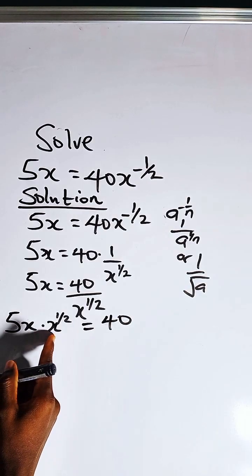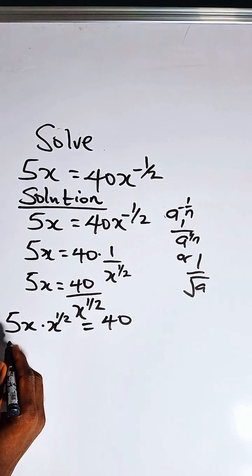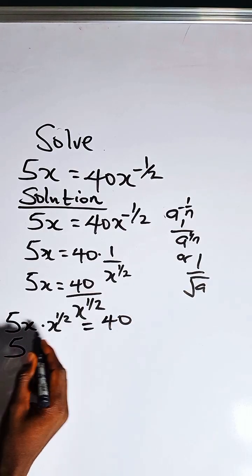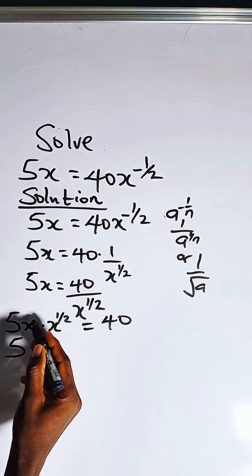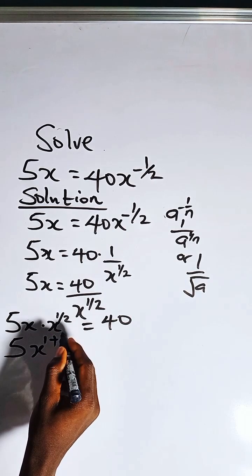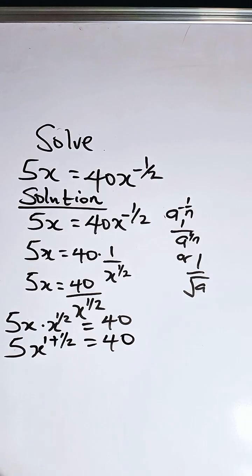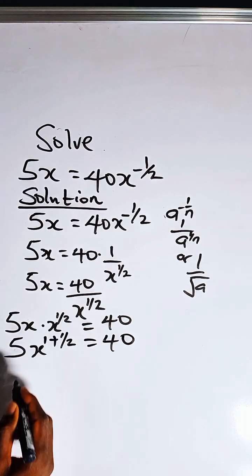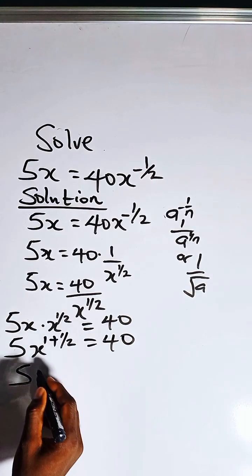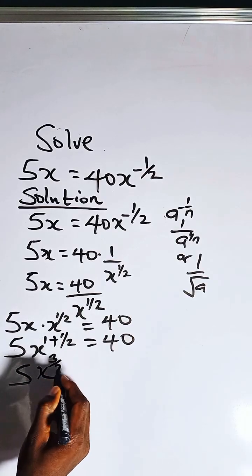From here we can apply the law of indices. Multiplying the same base, we pick out the base and add the powers. So we have 5, and picking out x, the power of x is 1 plus half, equals 40. So we have 5 times x to the power 3 over 2.